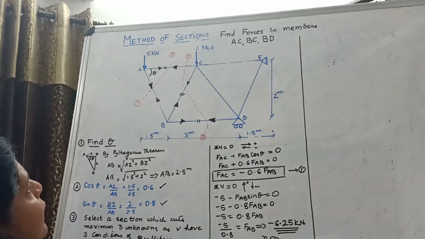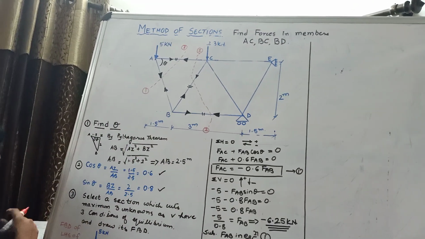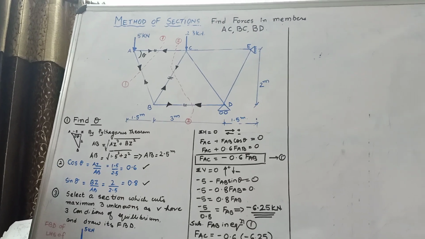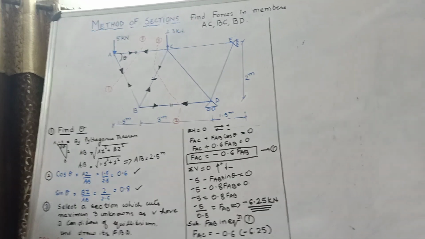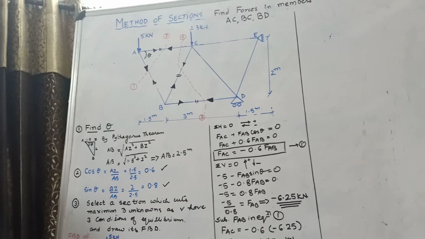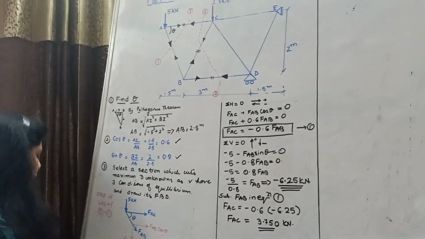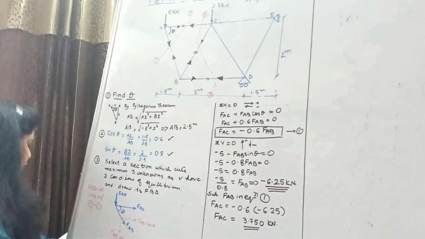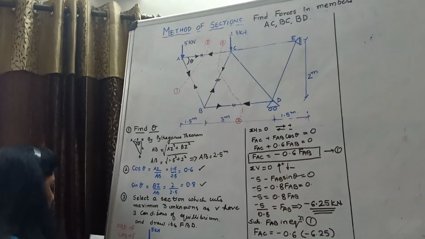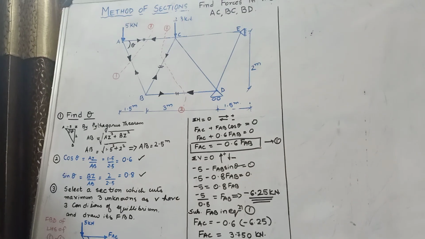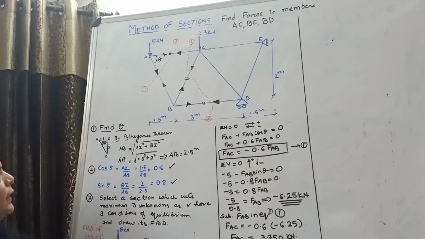So we will be drawing the diagram of the truss on the left side. If we see the left side, what are we getting in the truss? First of all, we will try to draw the free body diagram of the truss in the left side. So we apply our first step, that is to draw the free body diagram.